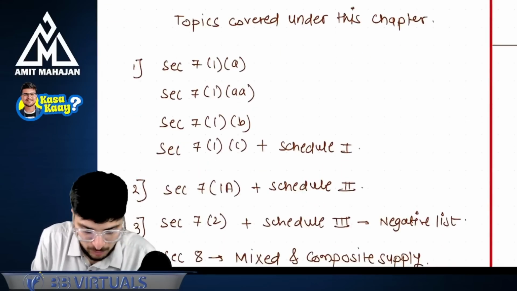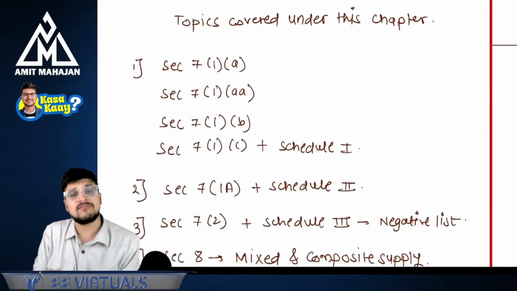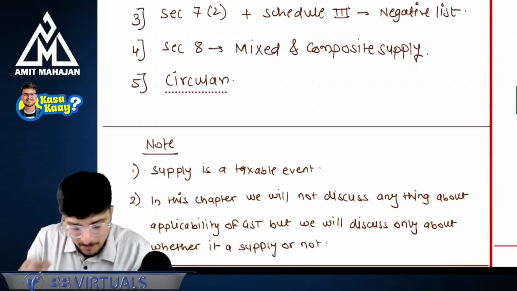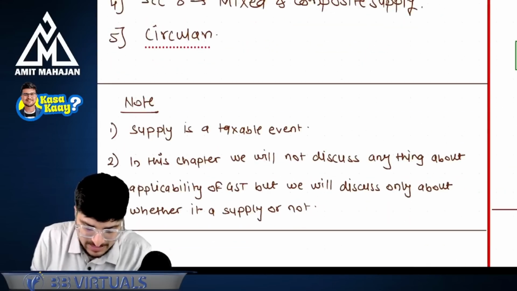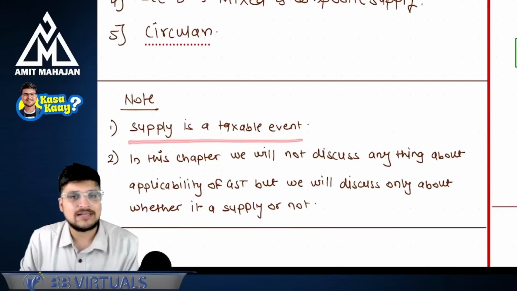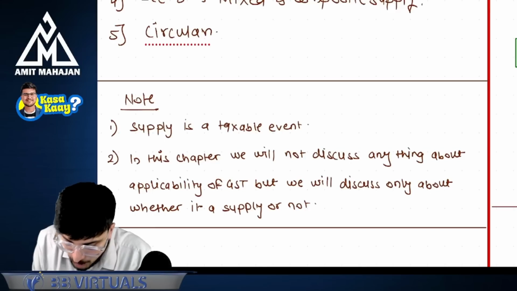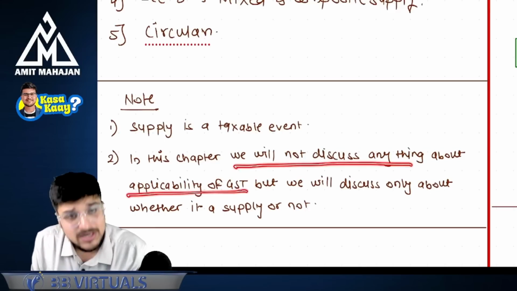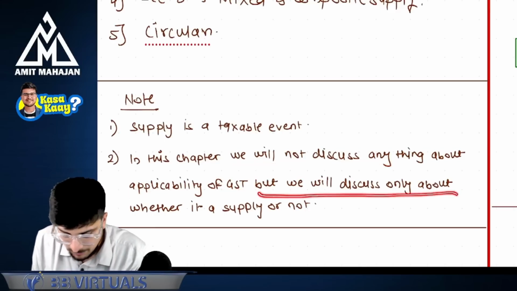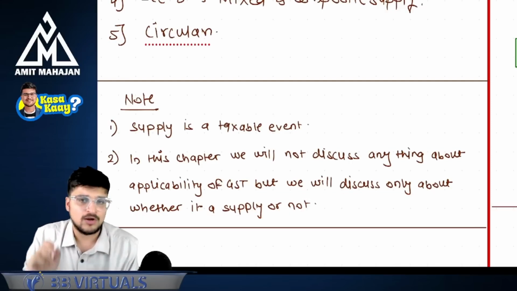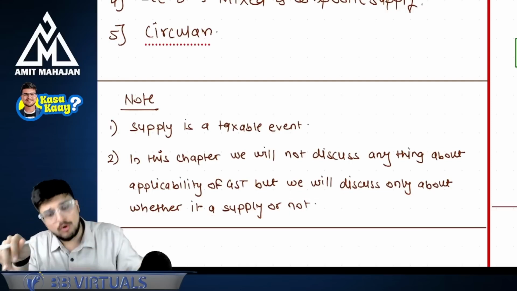As I said, what are the topics which will be covered? Section number 7.1a. First, we'll talk about 7.1a. But before that, we will understand that supply is a taxable event. In this chapter we will not discuss anything about applicability of GST, but we will discuss whether it is a supply or not. Now, sir, which notes are you using?